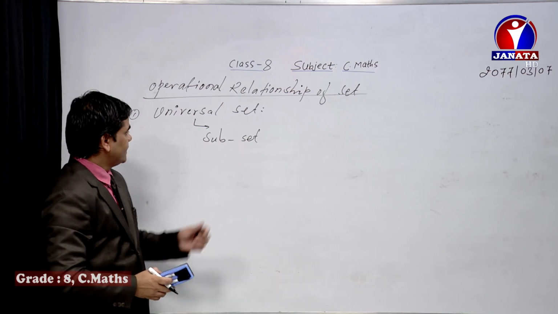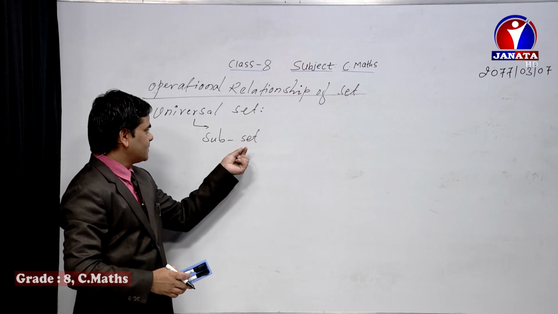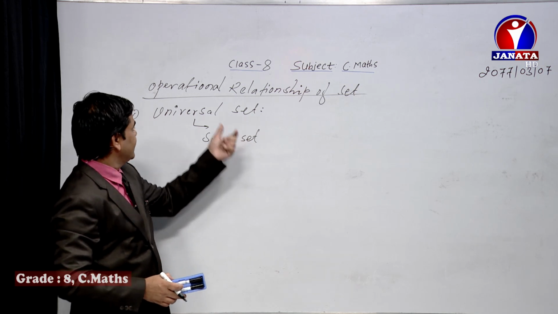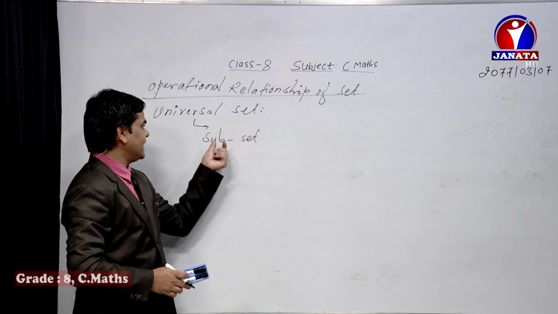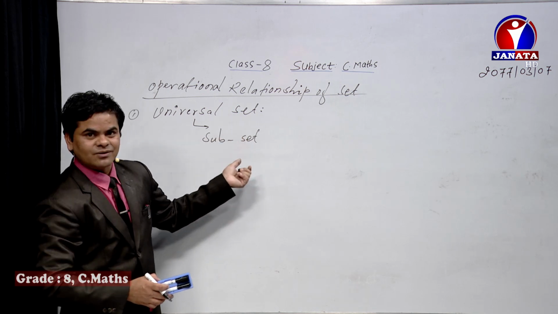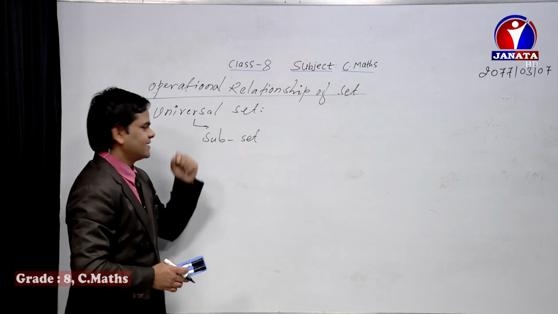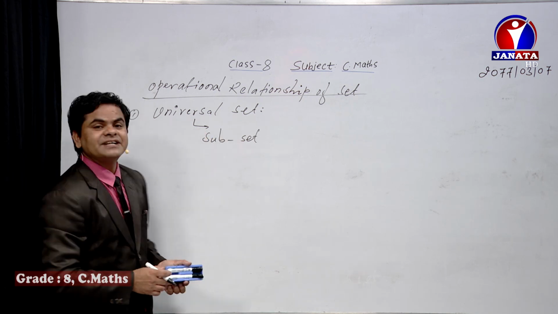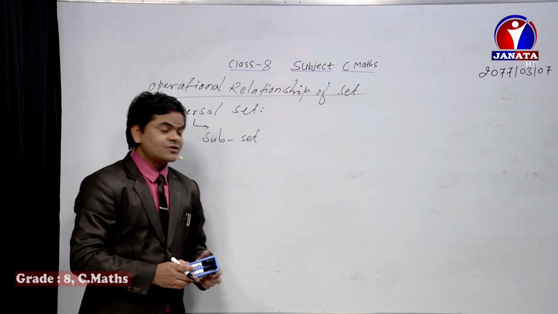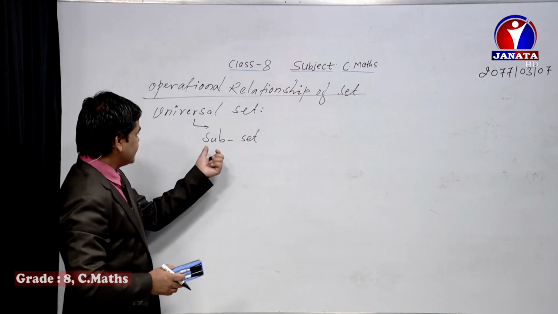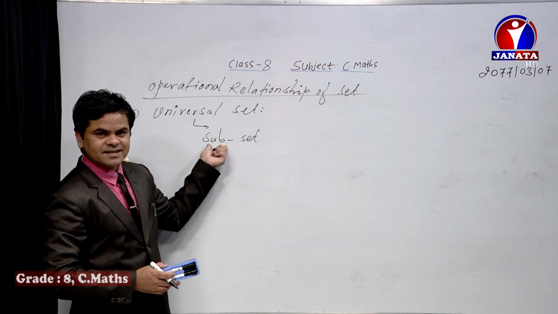Subset is just a deputy of the set. Universal is a set, and if we create other sets by taking the elements of this set, that is a subset, like division, subdivision, category, subcategory. Like that, the set's branch is subset.